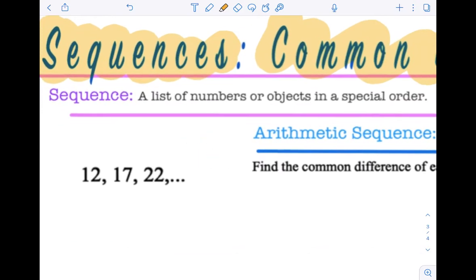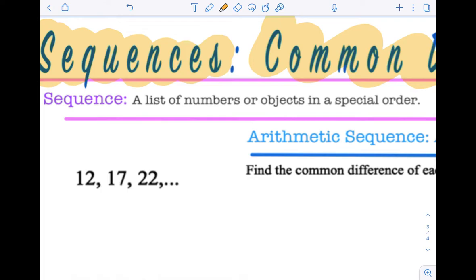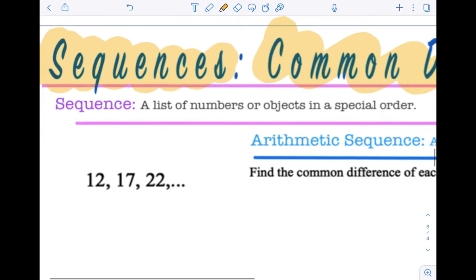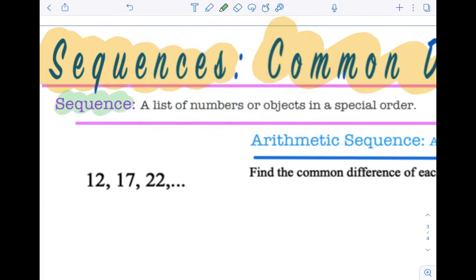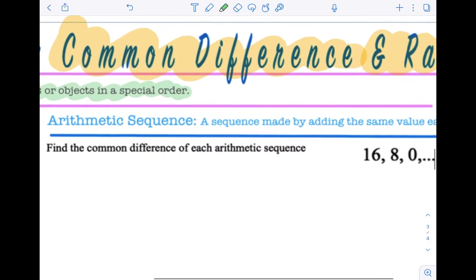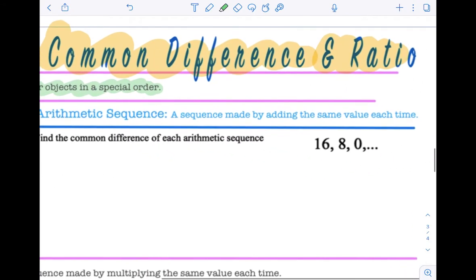So the first thing we do is we're going to define the word sequence in math. The word sequence in math means a list of numbers or objects in a special order. We're going to learn about two types of sequences today.